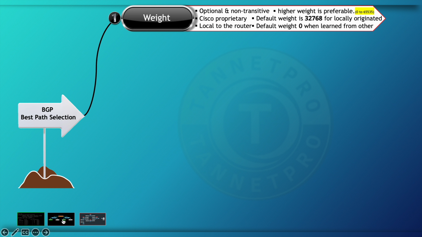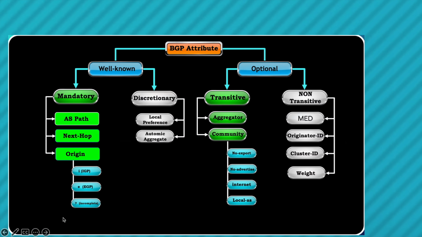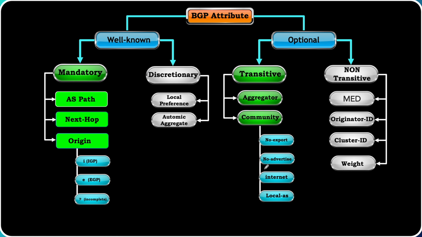Yeah, so here it is. You have to understand this architecture, this attribute family. BGP attributes are of two types: one is well-known, and the other is optional. What is well-known? Well-known attributes are those known by all BGP-capable devices.